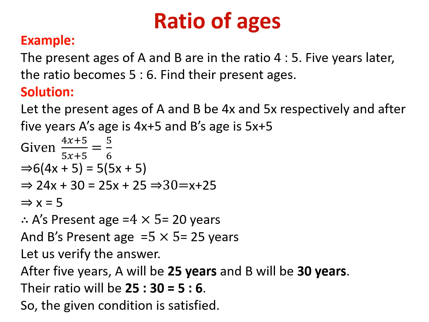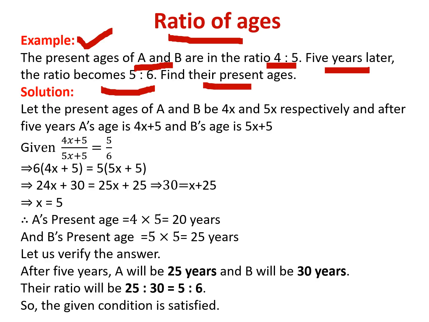Now let us consider an example where the ratio of ages changes after a certain number of years. The present ages of A and B are in the ratio 4 is to 5. 5 years later, the ratio becomes 5 is to 6. We have to find their present ages. First, let us use the present ratio.